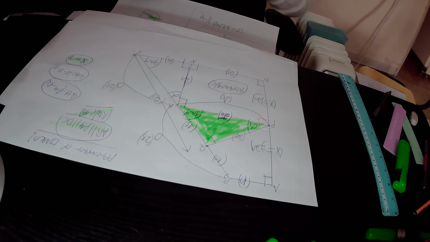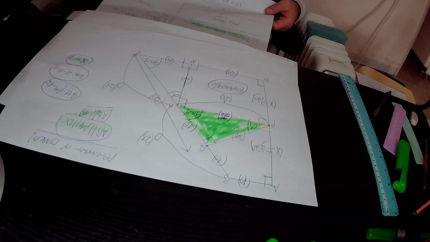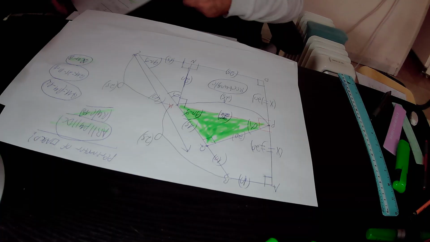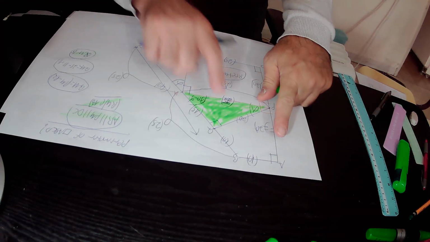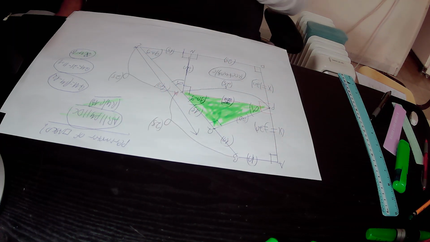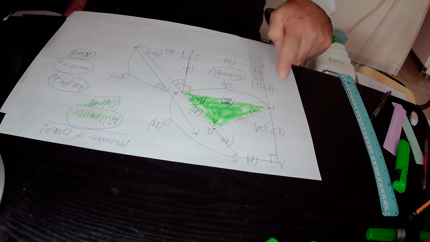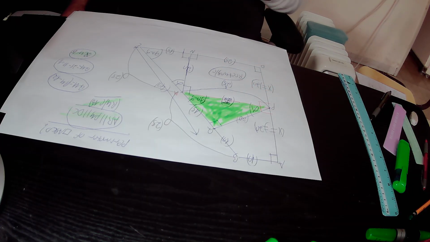In the next step, I will present to you another way to find out that the length of this side AB is equal to 10 units. According to the first method, we used the trapezoid mid-segment theorem to find out that AB equals 10.